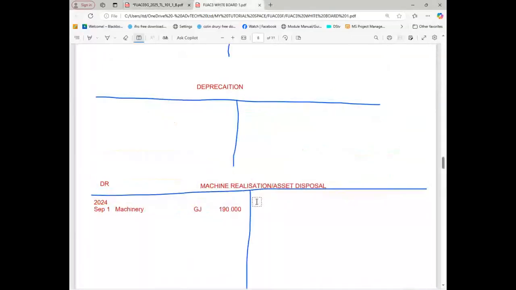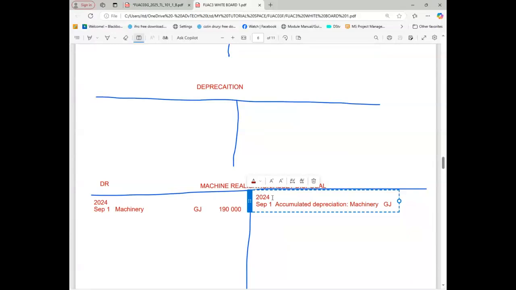Machine realization, but it doesn't matter which one to start with. We can start with this one, which is we sold it September the 1st. And we just say accumulated depreciation, and then we just say machinery.